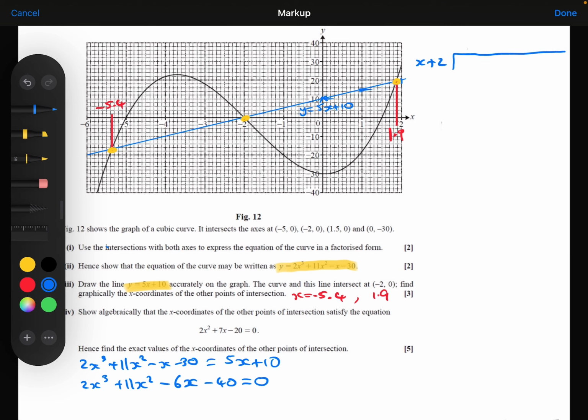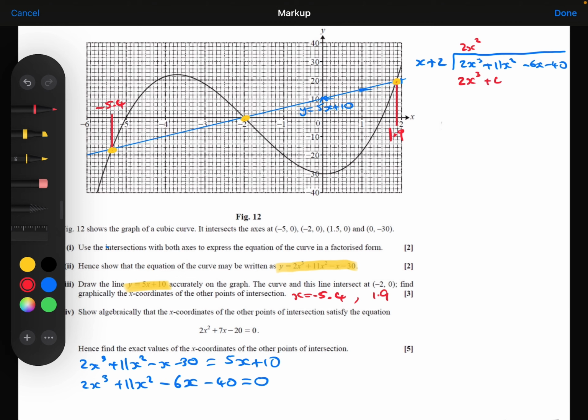So x plus 2 into 2x cubed plus 11x squared minus 6x minus 40. X into the 2x cubed goes 2x squared times. Let's multiply that out. The 2x squared times the x is 2x cubed.